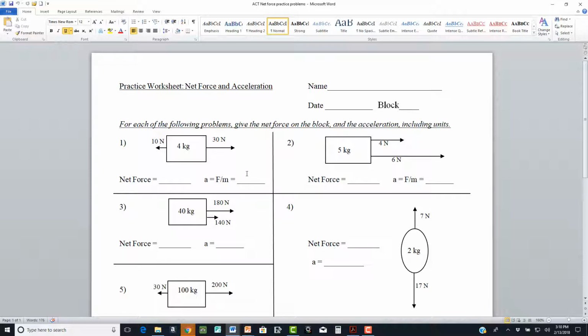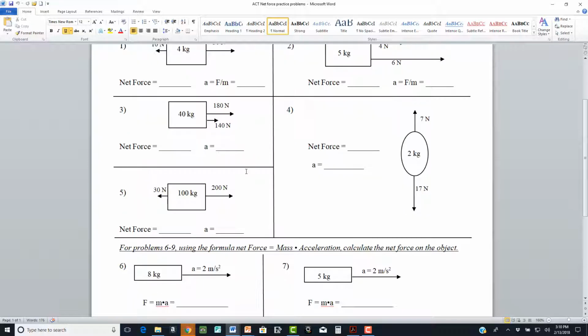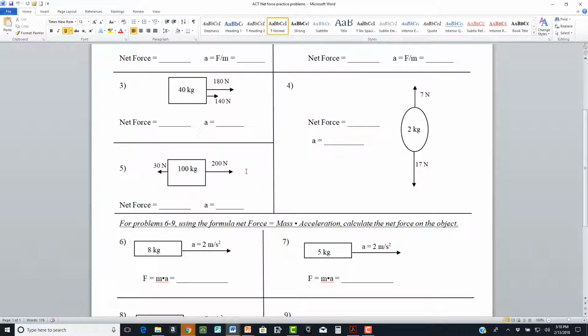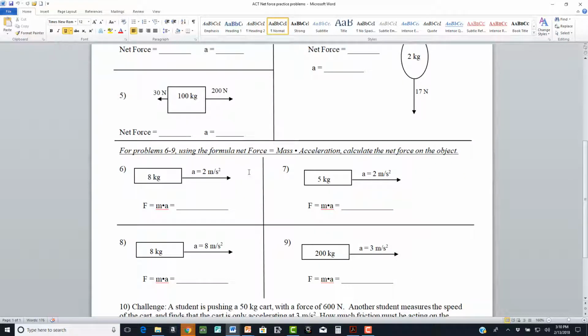So you're going to do 1 and 2, and I'm going to email you this document. Then I would like you to work on numbers 6 and 7, which are a little bit different. This time you're given the mass of the block, and you're given an arrow that shows you the acceleration of the block, and with that information I'd like you to calculate the force.